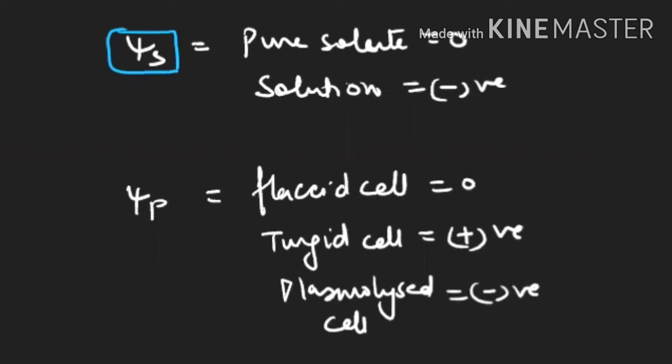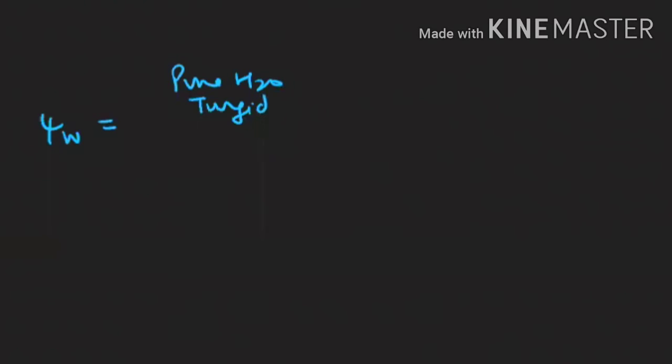So these are the values of the water potential. I will just write all this in the mind map. For pure water and turgid cell, it will be 0. Clear? In case of this condition, it will be 0. And in case of the solution, it will be minus, negative.